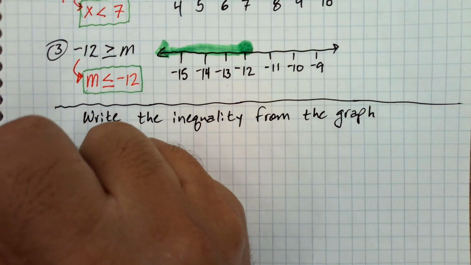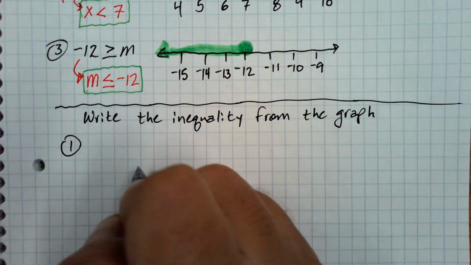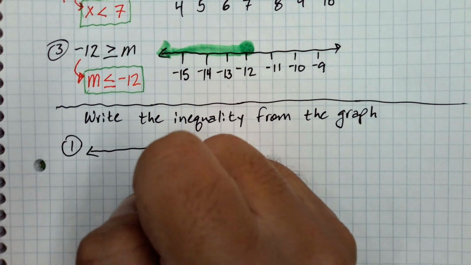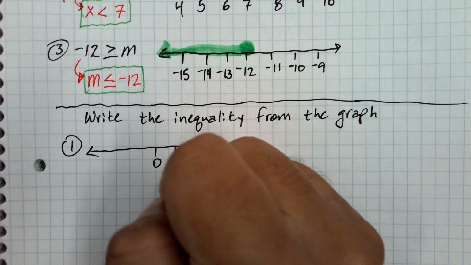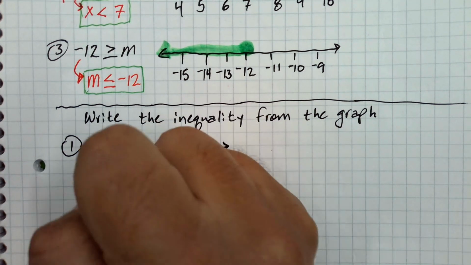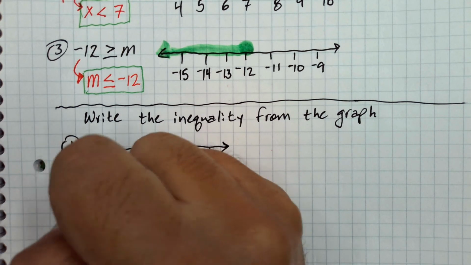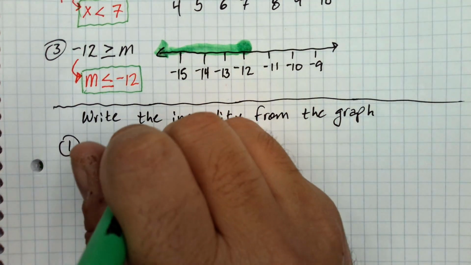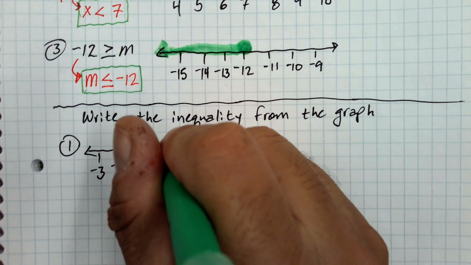So let's say I give you something like this. Let's do 0, 1, 2, 3, negative 1, negative 2, negative 3. And I'll do this point and everything this way.